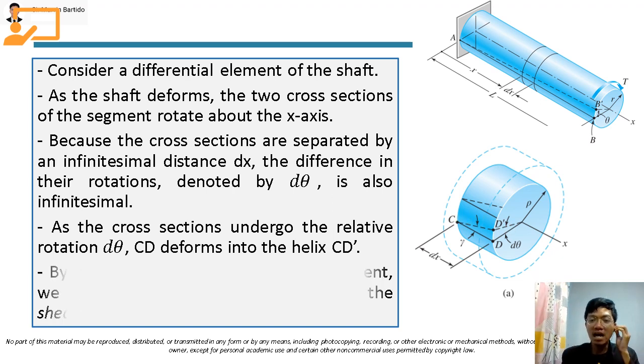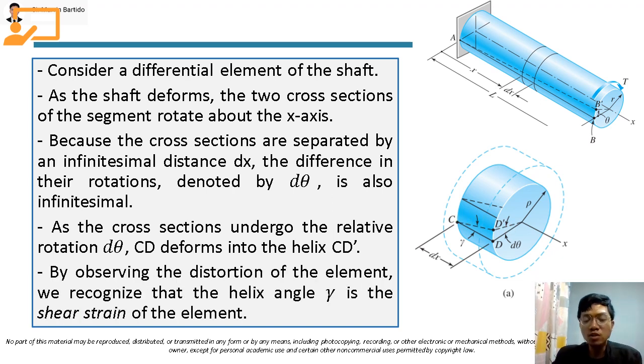By observing the distortion of the element on its surface, we recognize that the helix angle gamma is the shear strain of the element.